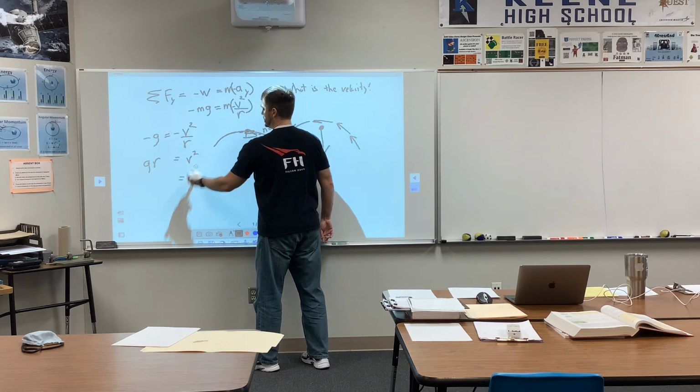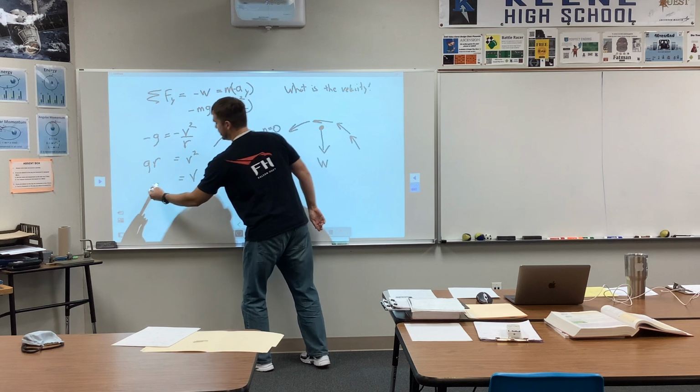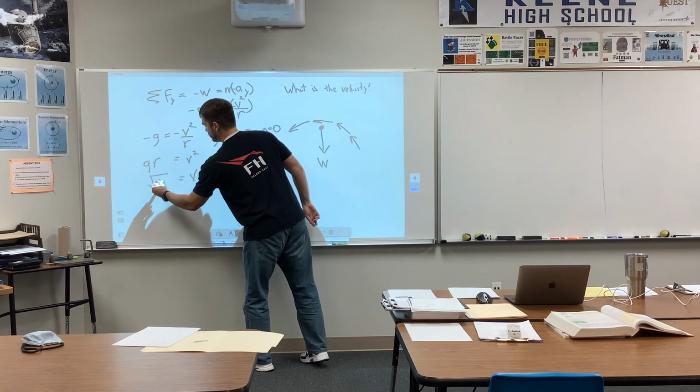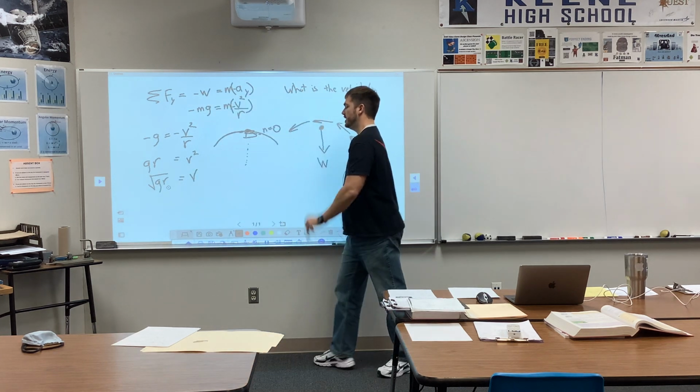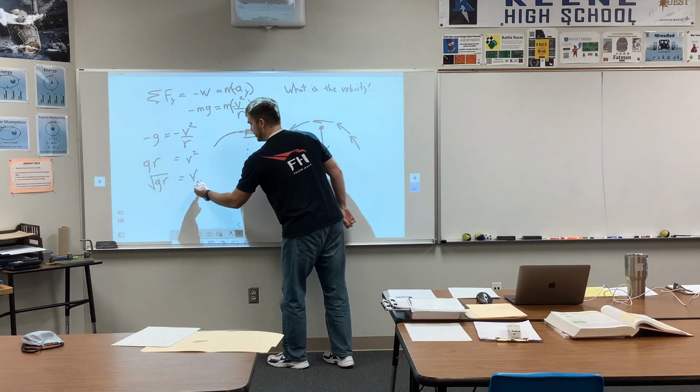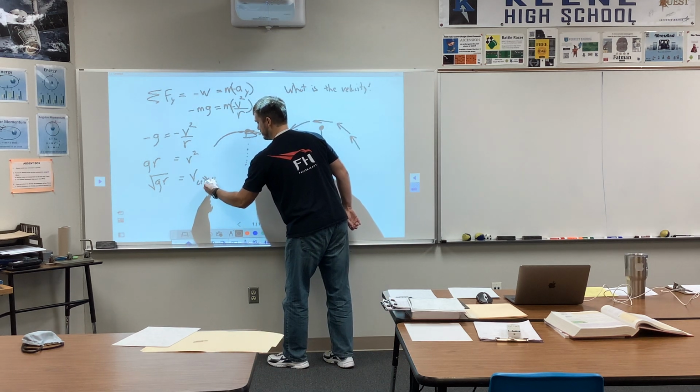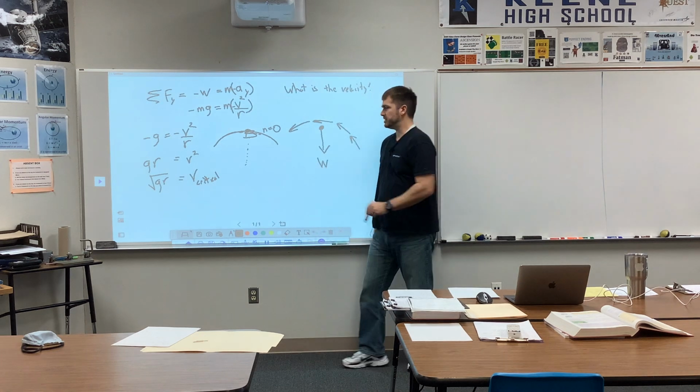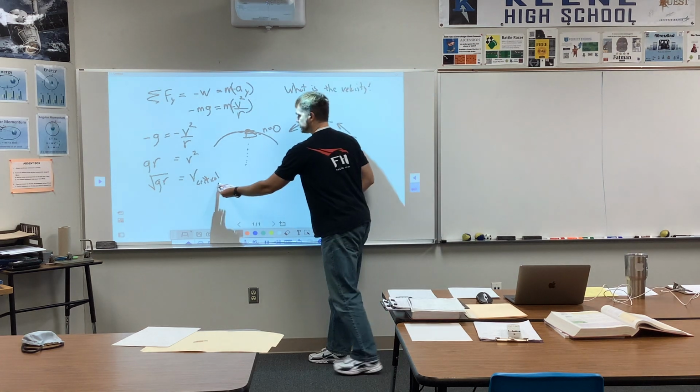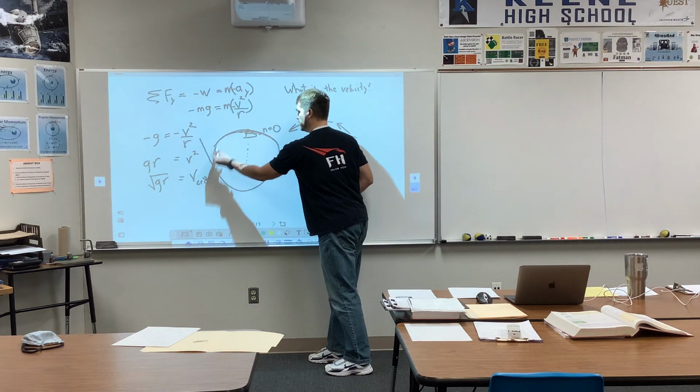This is the interesting thing. So we'll take the square root there, and you end up with v equals the square root of gr. And this is known as the critical velocity. That's the velocity that you have to be traveling if you're going to come down and do a loop.